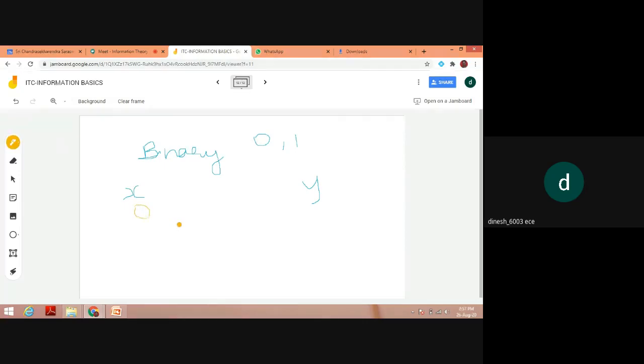Zero and 1. And in Y I have 0 and 1 because it is binary. Binary will have either 0 or 1. I will highlight this with a marker so that it will be easier.